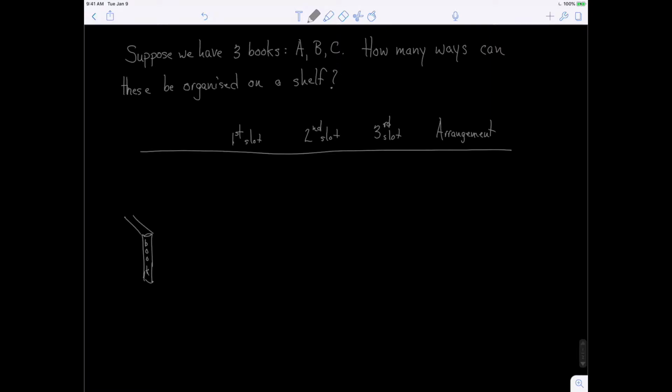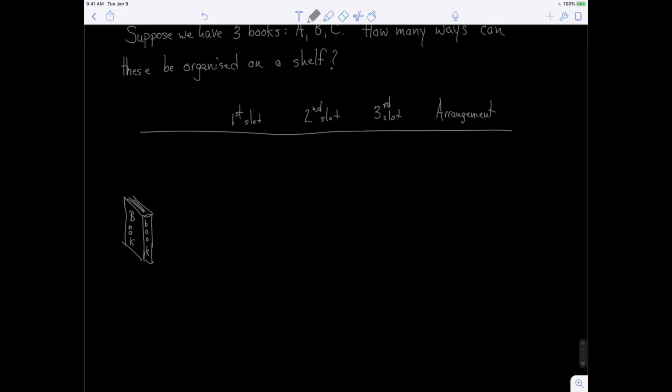And what we want to do is organize our books on the shelf. So when I first go to organize my books, I can place book A in the first spot, or I could place B in the first spot, or I could place C in the first spot.